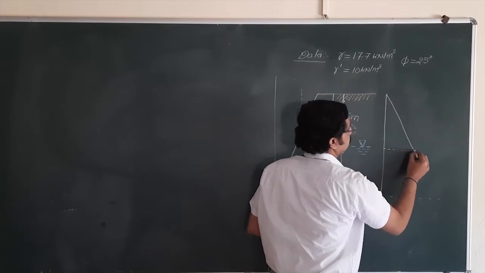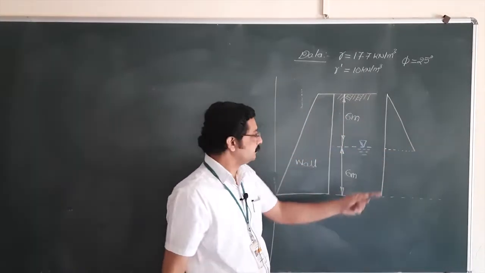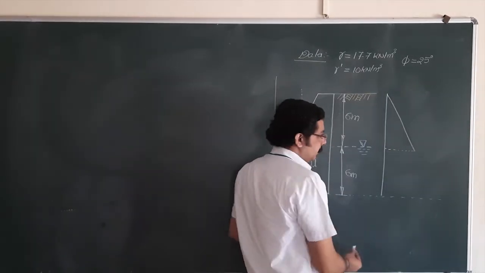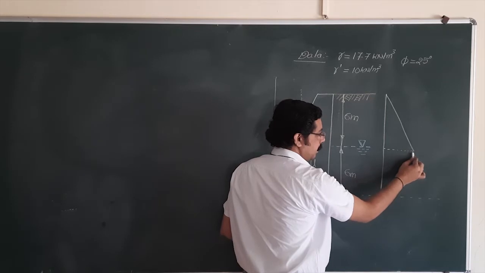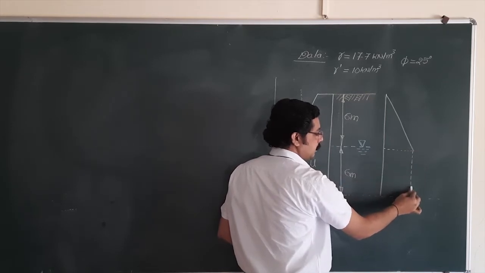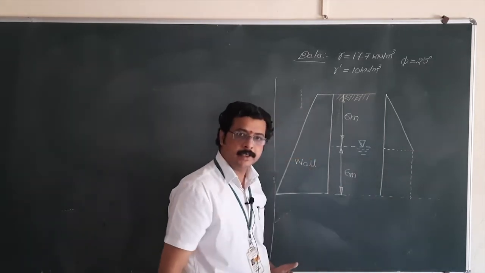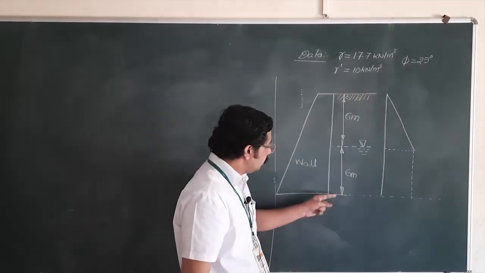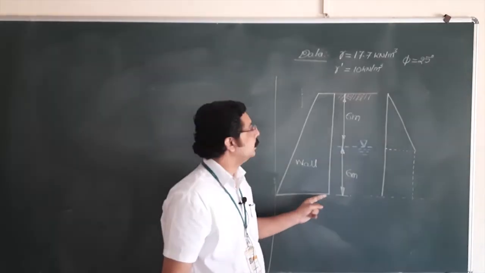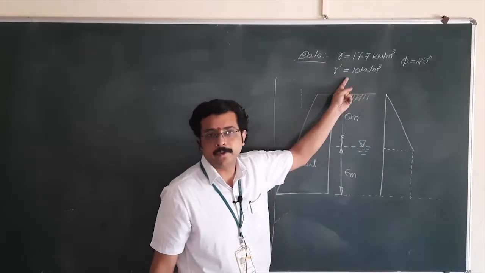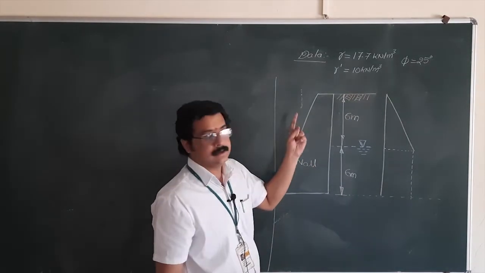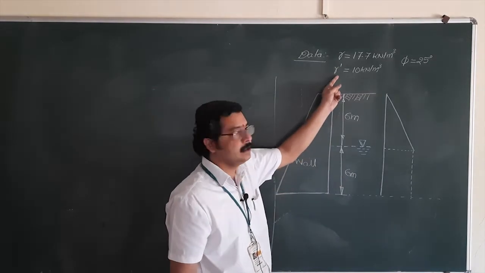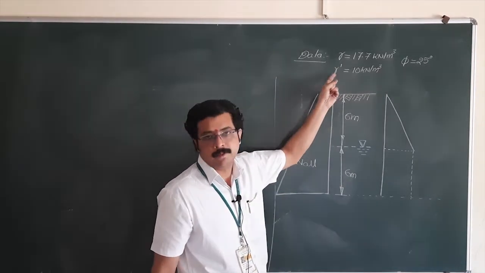This is the level of water table, right? So up to this, it is going to be dry soil. Thereafter, same pressure would be taken down. So this is going to be a rectangle. Thereafter, this submerged unit weight of the soil, how much is it? 10 kilonewton per cubic meter. Using that unit weight, we have to plot another triangle in which we will be directly showing the pressure due to this submerged unit weight.